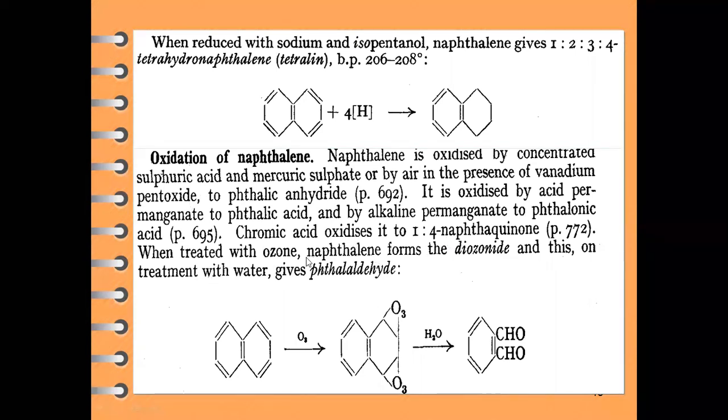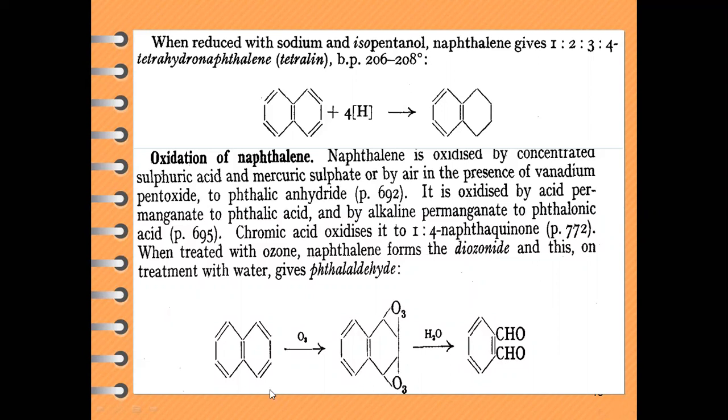And when treated with ozone, here will be the reaction. When naphthalene is treated with ozone, it forms the ozonide, and on treatment with water, this produces naphthaldehyde. So four reactions with respect to oxidation we have discussed here, and the page number is displayed here.